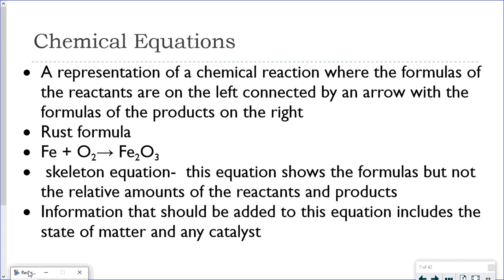Produces the iron 3 oxide, which whenever you write the formula in crisscross is Fe2O3. This is what we call a skeleton equation. It shows the formulas in a reaction, but not how much of each you have. You should add other information to this, including the states of matter of different substances and if there's the presence of a catalyst.